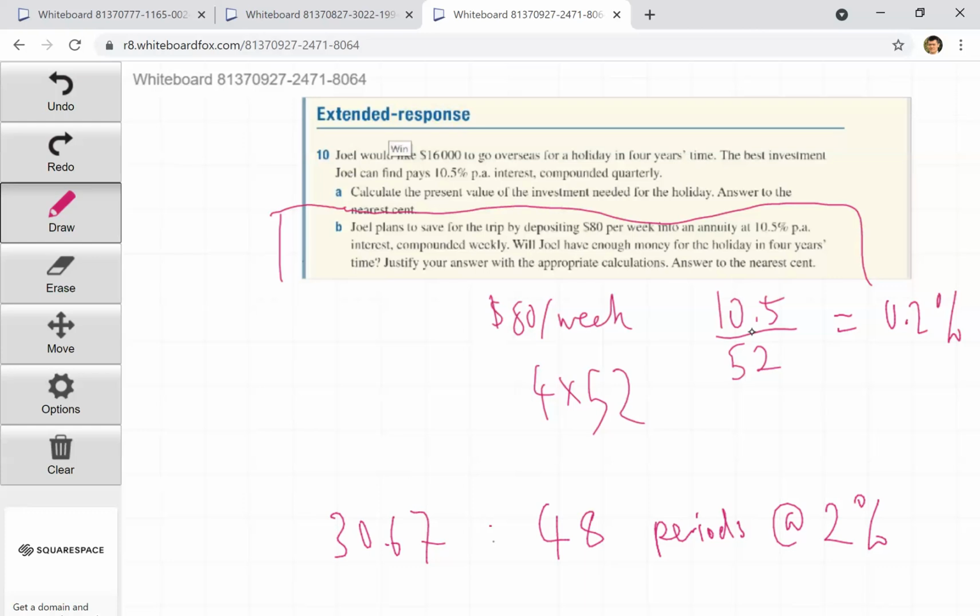That's roughly a year worth of payments, yeah? So you're doing a year worth of payments at an interest rate which is 10 times what you actually have, right?